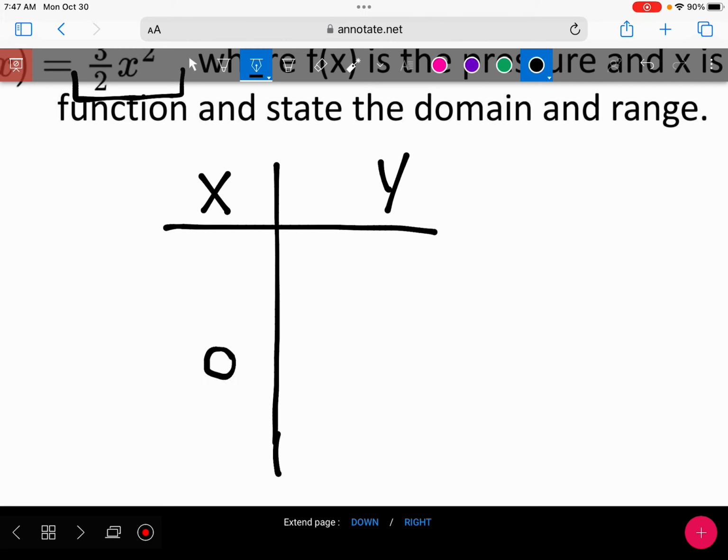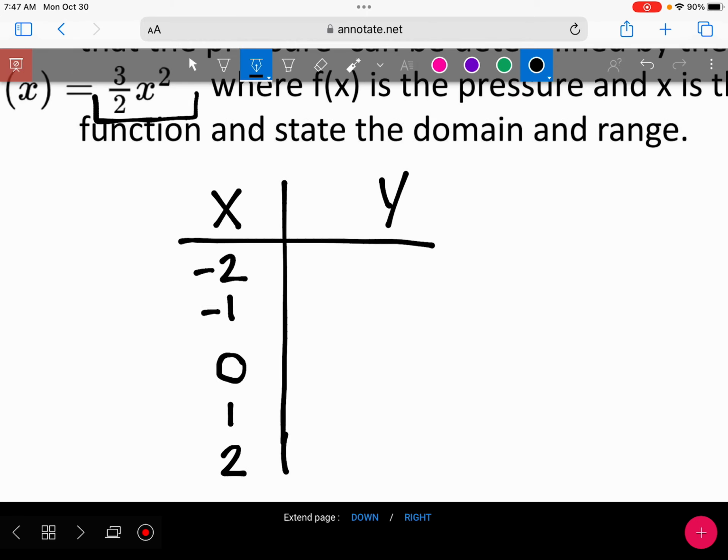We're going to have our 0, 1, and 2, -1, and -2, and we're just going to substitute them into the function rule. We don't have to do this by hand. We're going to take the equation that is 3/2 and substitute in our -2, and we're going to do that on the calculator.